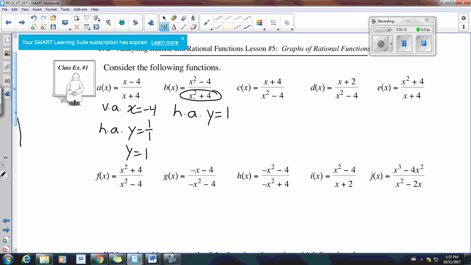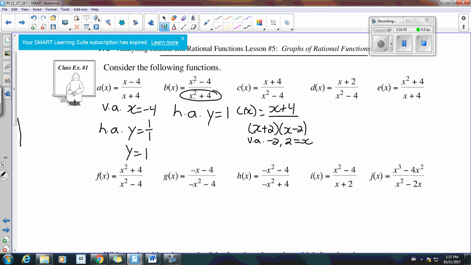Okay, C, x plus 4 over x squared minus 2, or x squared minus 4, sorry. Well, this one can factor. It'd be x plus 2, x minus 2. Nothing can cancel out, so we have no point of discontinuity. But we do have 2 vertical asymptotes here at x equals -2 and 2.